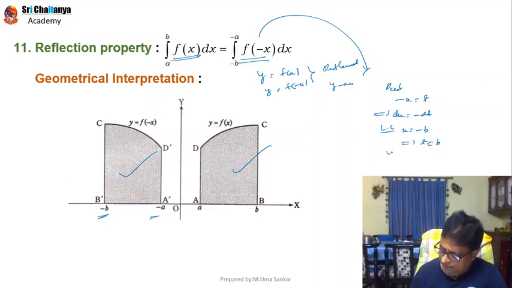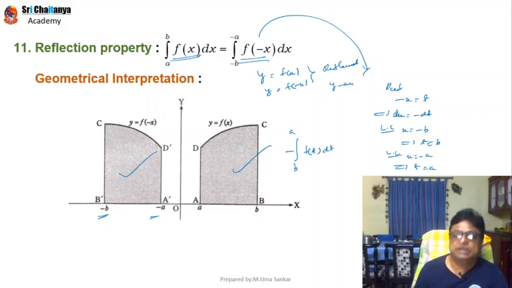My upper limit: if x is equal to minus a, then t equal to a. So my integral becomes integration b to a f of t, of course with minus dt, and according to our previous properties, if I change the sign, automatically the limits will change. So integration a to b f of t dt is nothing but integration a to b f of x dx. Very easy.